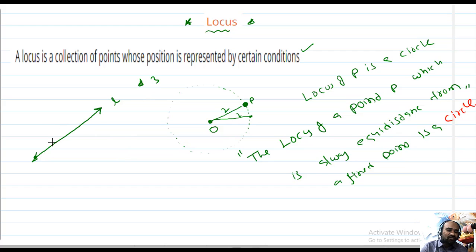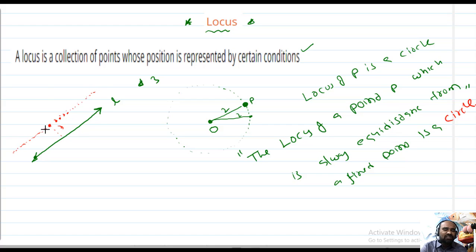First of all, I can locate a point here so that the distance is 3. I can locate one more point here, and here, and here. All these points are 3 units from L.